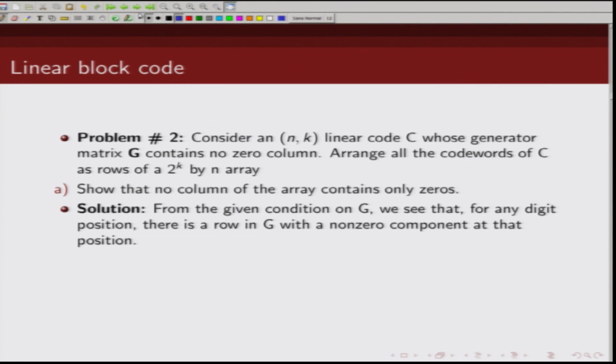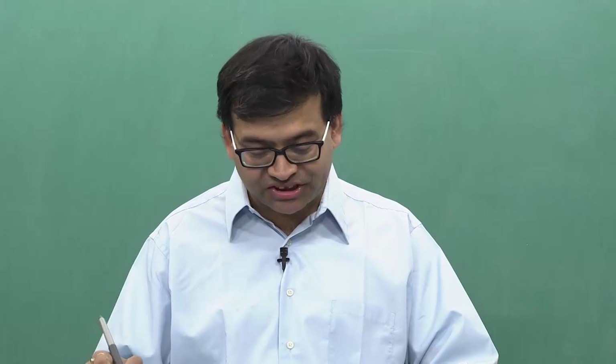Please note that we have been given that this generator matrix G does not contain any 0 column. So, from the given condition on G, we can see that for any bit position, there is a row in G which has a non-zero component at that particular bit location.